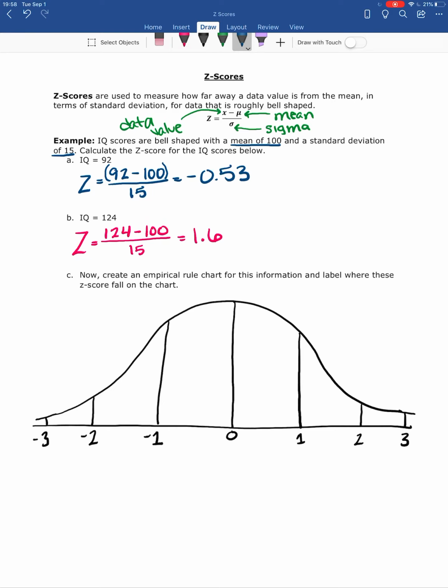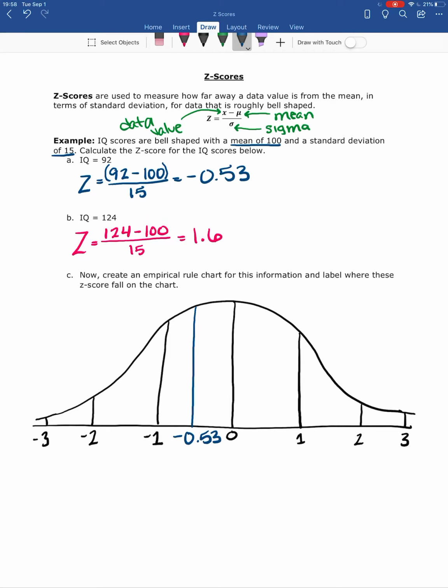So my first z-score is negative 0.53. Negative 0.53 is somewhere between 0 and negative 1, and it's a little more than halfway towards negative 1. Because this is a negative z-score, I know that it's going to be below my mean.